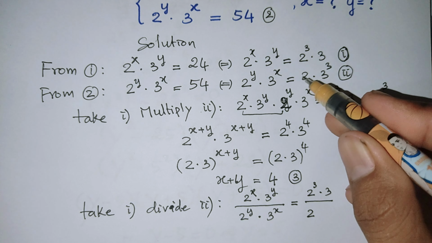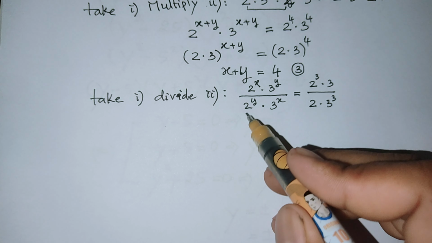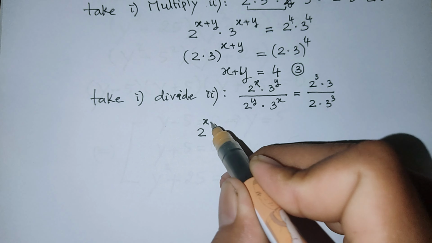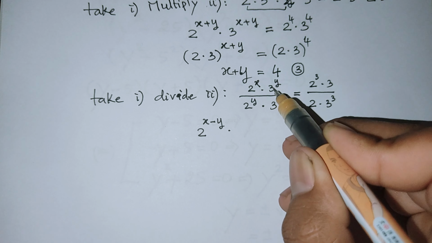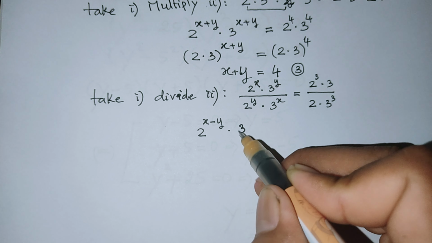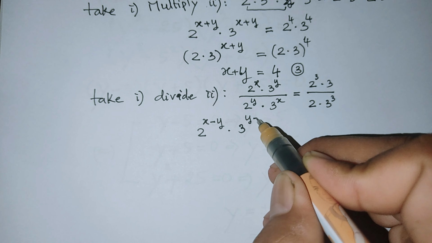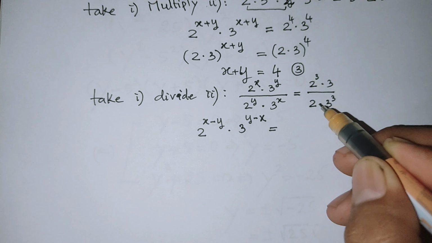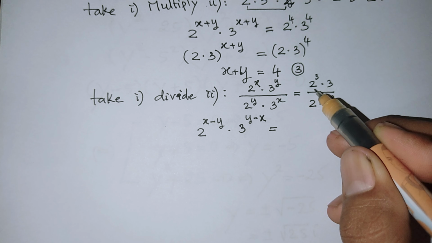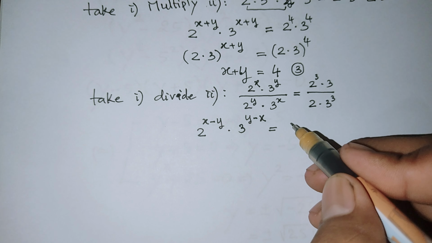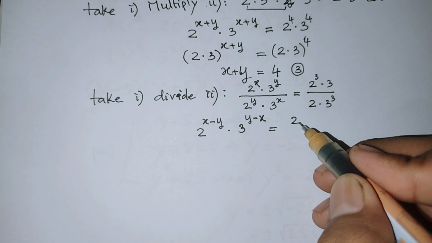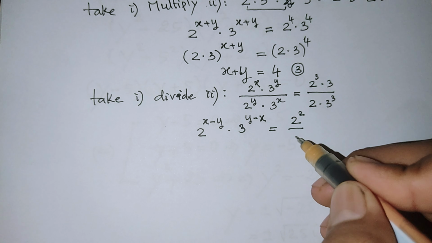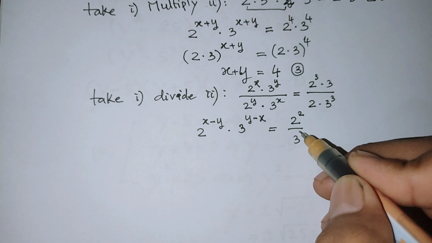You see the base 2 is the same, so we get 2 power x minus y times 3 power y minus x equals, when we simplify, 2 square divided by 3 square.